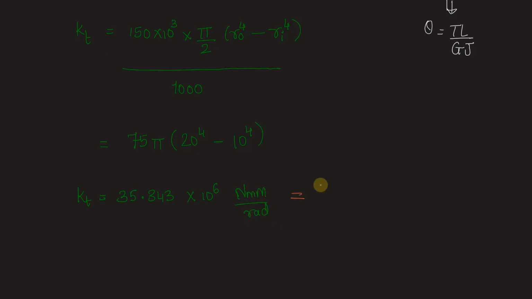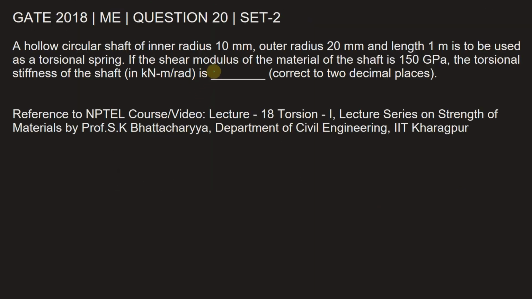To convert the unit into kilonewton meter per radian, we must multiply this 35.343 into 10 to the power 6 by 1 upon 10 to the power 3 to convert Newton into kilonewton, and 1 upon 10 to the power 3 to convert mm into meter. Hence we have the answer as 35.34 kilonewton meter per radian. And we have to write the answer to 2 decimal places. We have 35.34. So let's fill in the answer.